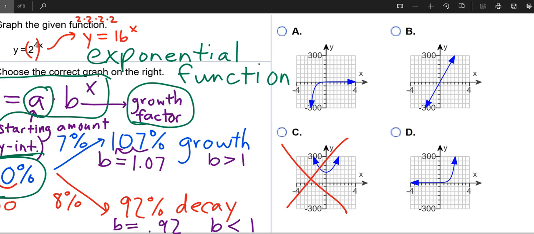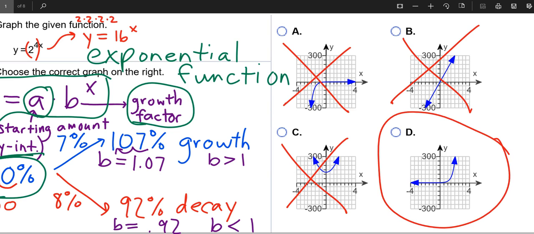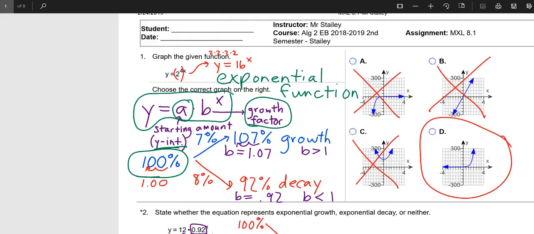C. B, right? No linear function here. And A, nope, we're definitely not talking an upside down decay function. The only one that makes any sense in the world is that one right there. Choice D. Oh, that was number 1.